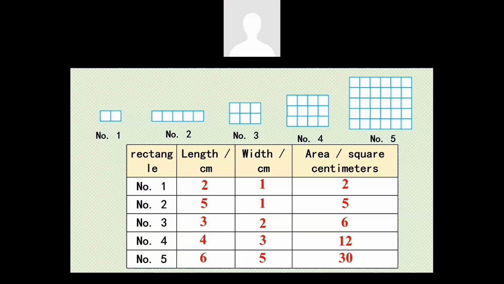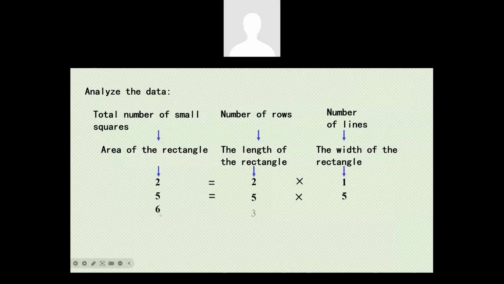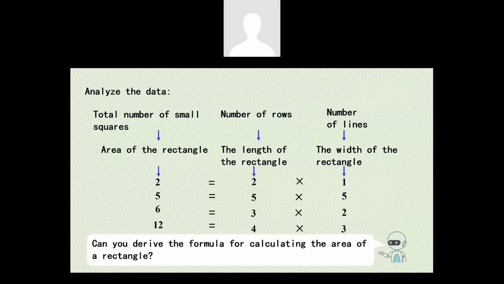Because length tells how many unit squares are in one row, and width tells how many rows. So total squares equals squares per row times number of rows. Exactly.